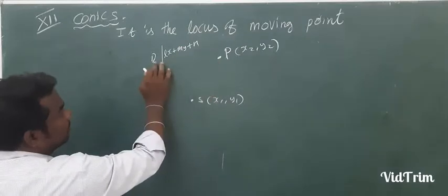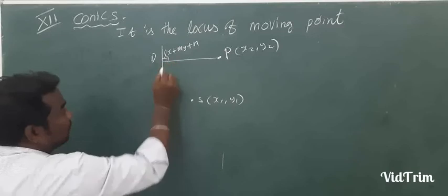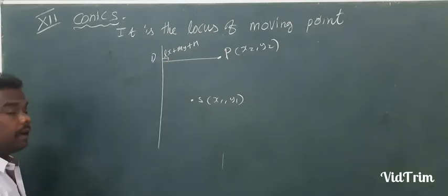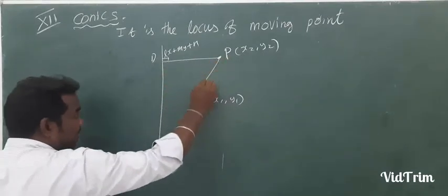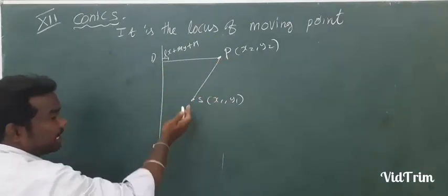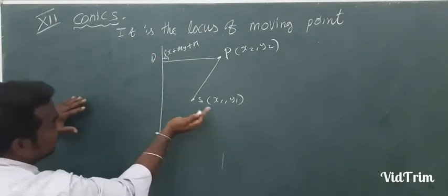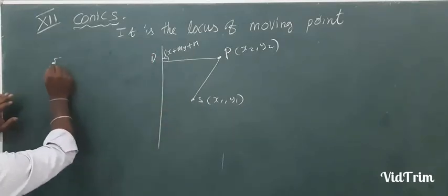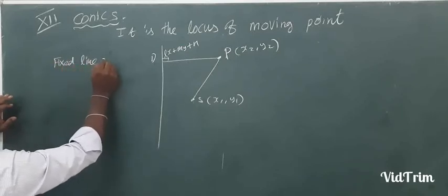The distance from the fixed line is always at 90 degrees, that is, perpendicular, and this is the slanting line.